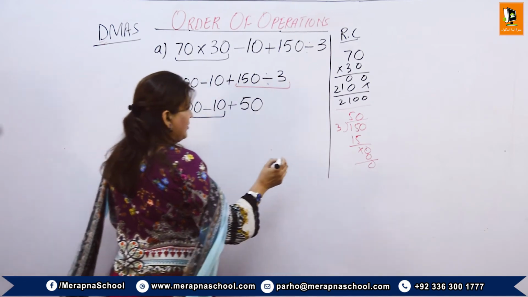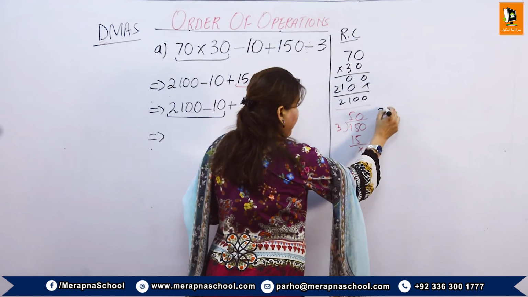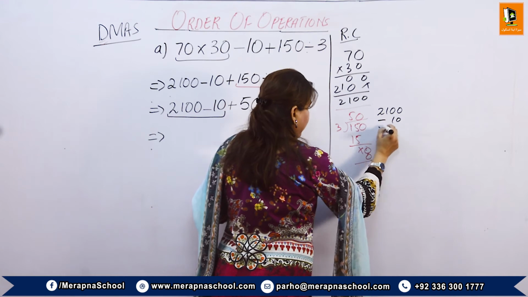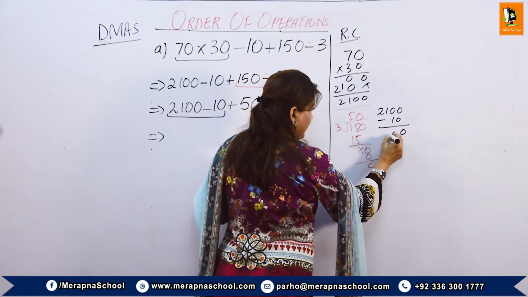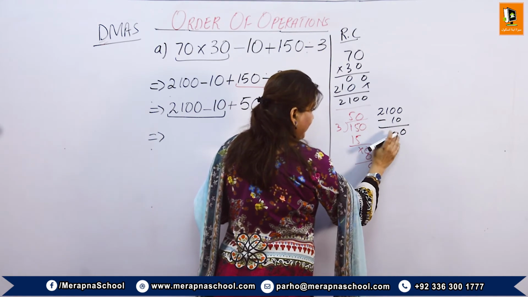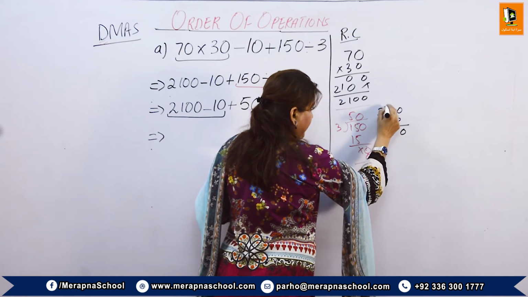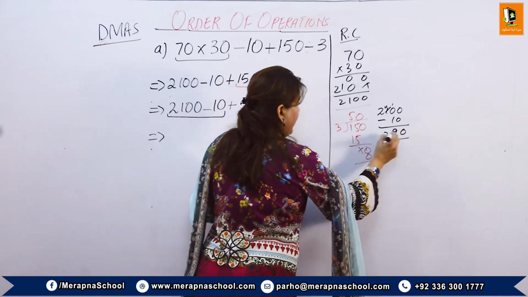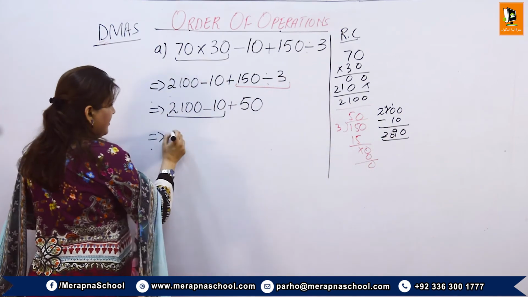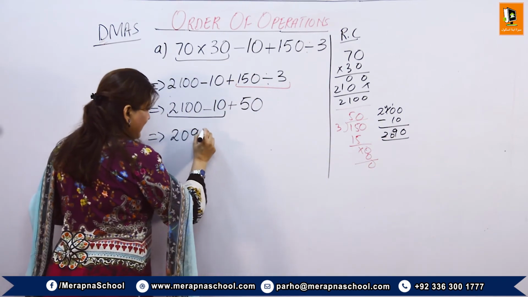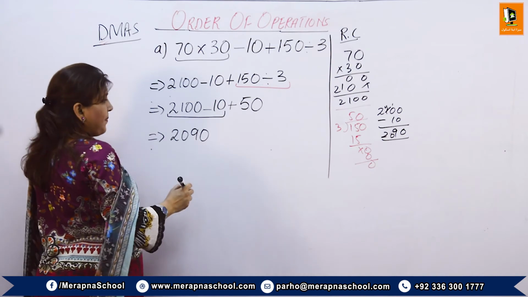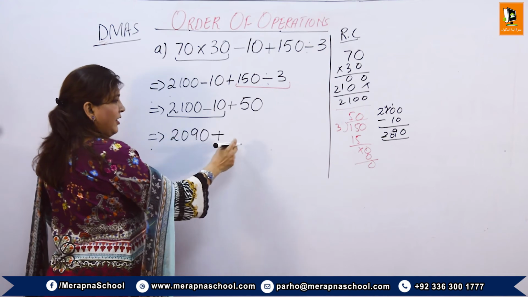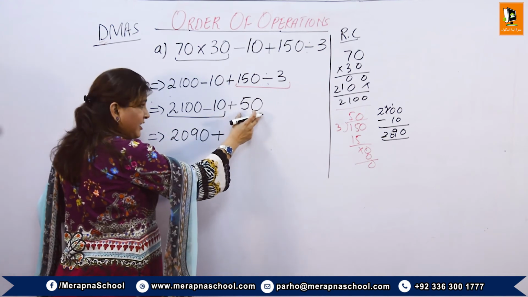That is 2100 minus 10. So, what will it be? 0 0, sorry, 10 minus 1 is 9, then the answer is 2090. Then what do we do? We have already done subtraction. Now, we are only left with the 50 of addition.